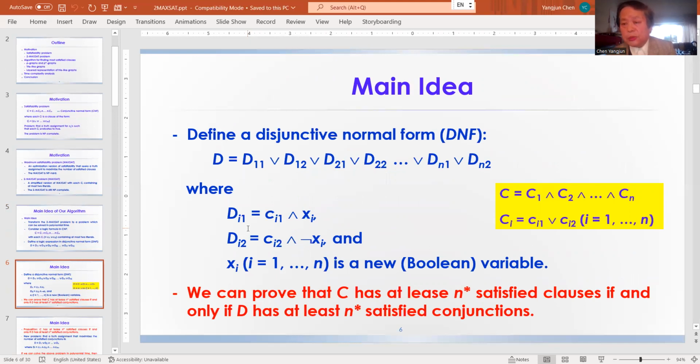Then we can prove that formula C has at least n star satisfied clauses if and only if formula D has at least n star satisfied conjunctions.